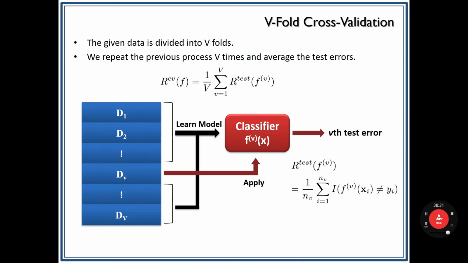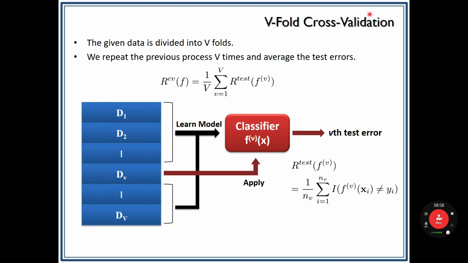And actually, what I explained just before is about dividing a data set into training and test, but we can repeat this training and test several times by something called V-fold cross validation.